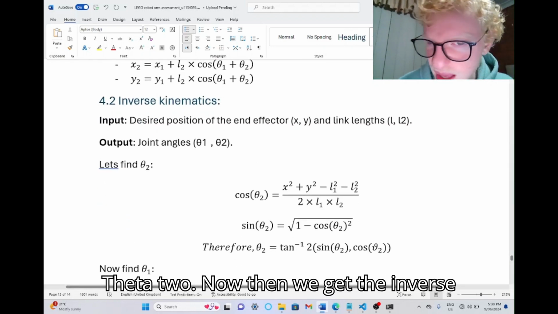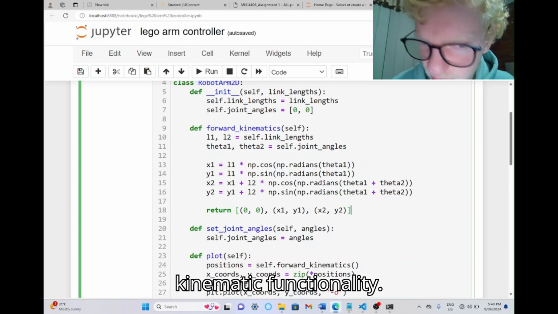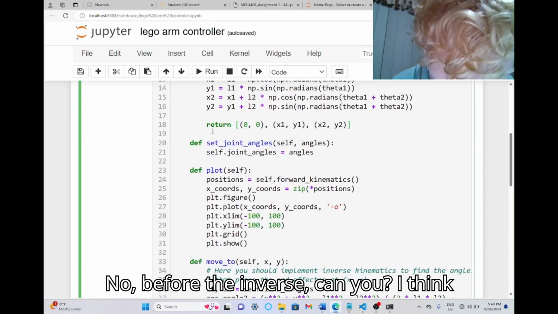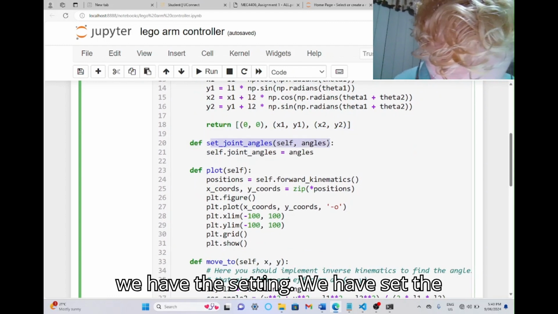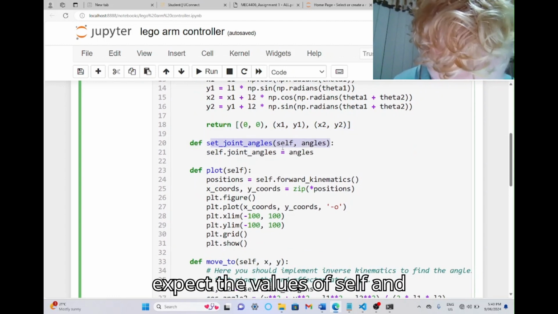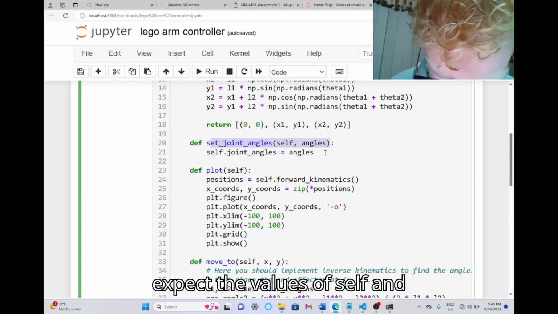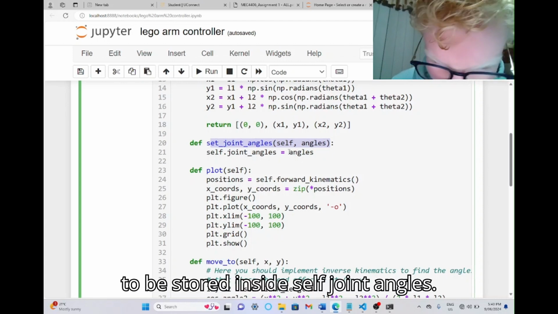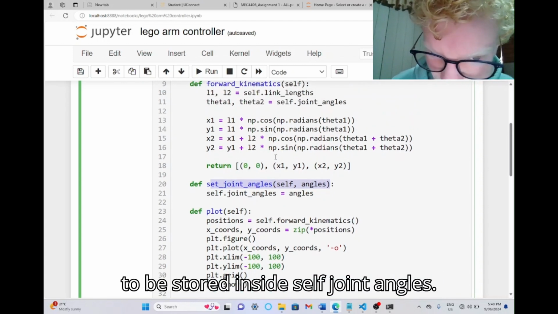Now then we get the inverse kinematic function, I think. Before the inverse kinematic, we have set the joint angles to expect the values of self end angles, and we put angles to be stored inside self joint angles.